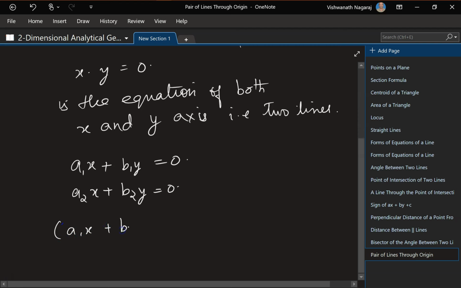a1x plus b1y times a2x plus b2y equal to 0.